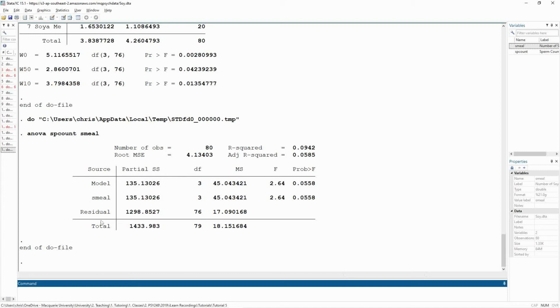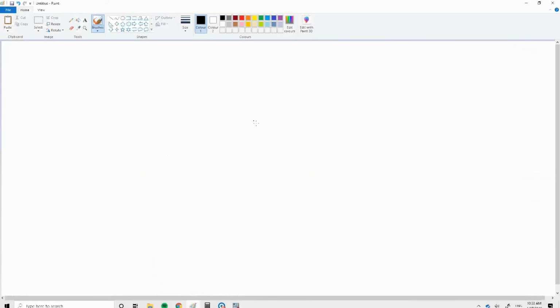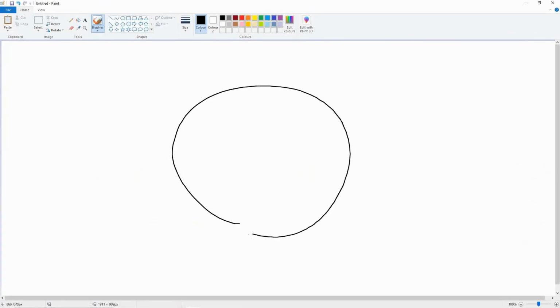Now, what these numbers represent, so if we ignore the model line and we look at these 3 values here, S-meal, residual, and total. Total sums of squares represents all of the reasons why a person got the score they did. So if we think back to regression, I used the Venn diagrams. I said inside this circle is all the reasons why a person got the dependent variable score they did. And that's very much the case with Anova as well.